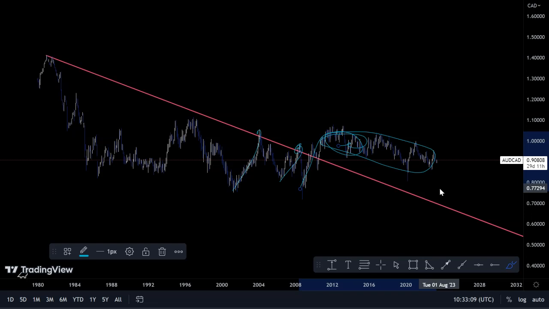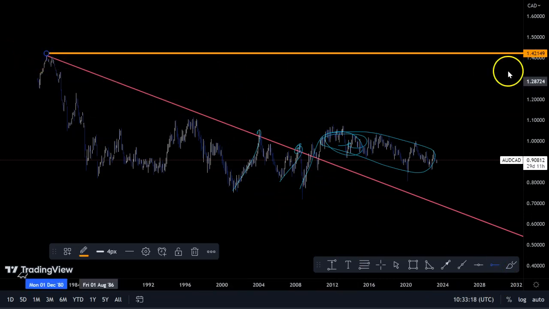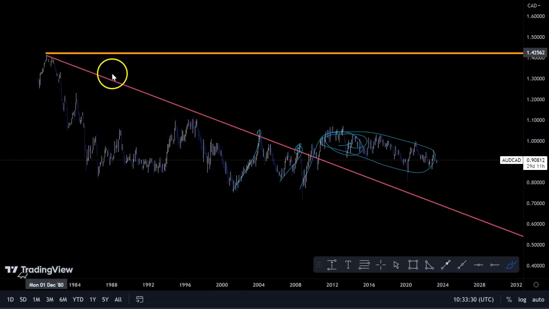And what downwards means is it is never getting to the highest price it went to. So this is the highest price, that is 1.42149. On the downtrend, the market is never coming here. It is barricaded by the downtrend.